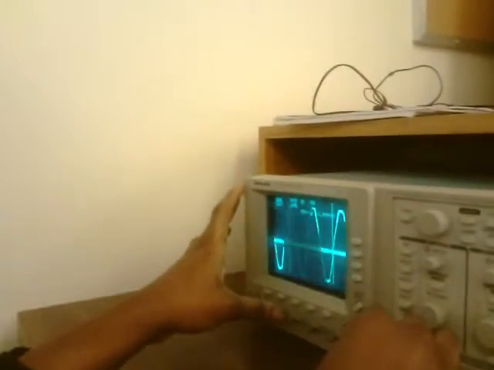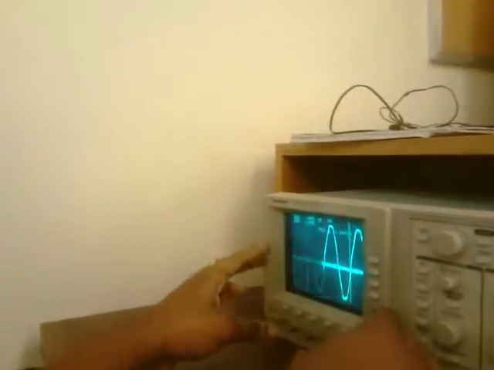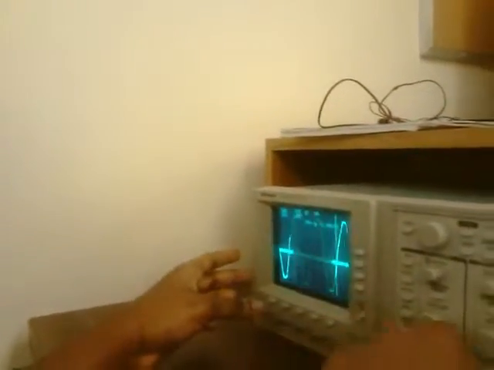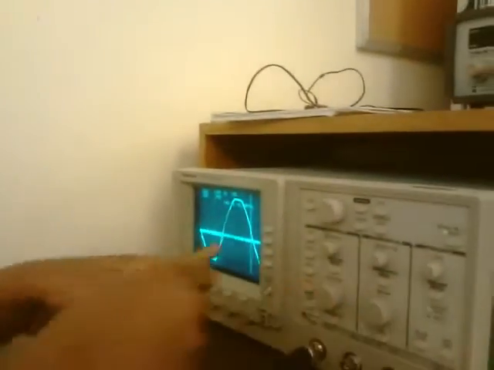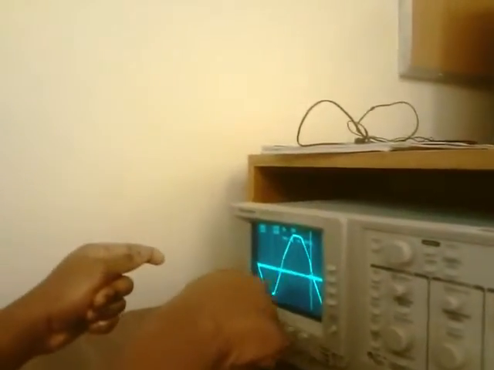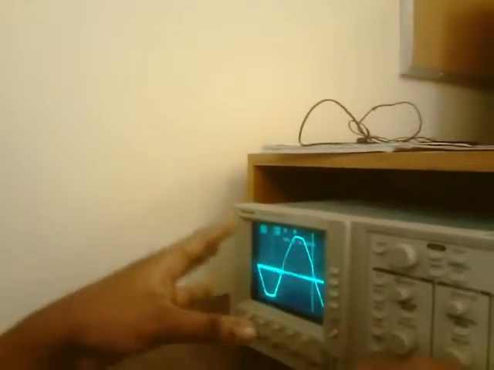This shows the waveform of the AC voltage before we construct the rectifier circuit. This is the sinusoidal up and down. That is the waveform. You can see that it goes to the negative, but by the time we rectify it, we are going to have this graph.